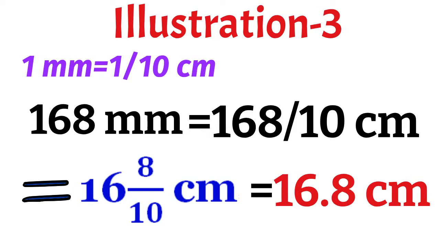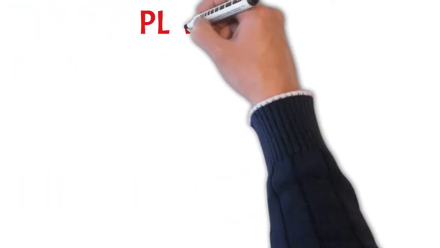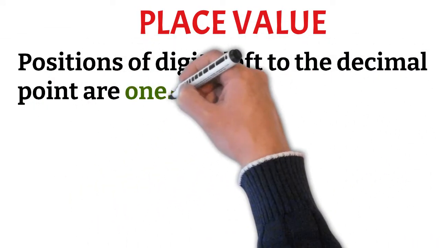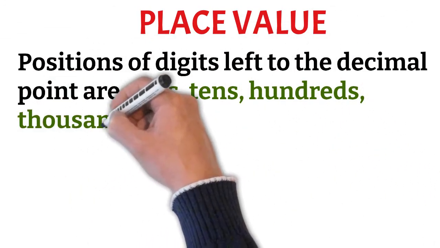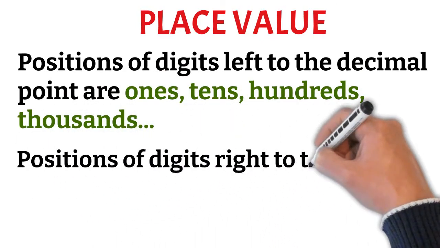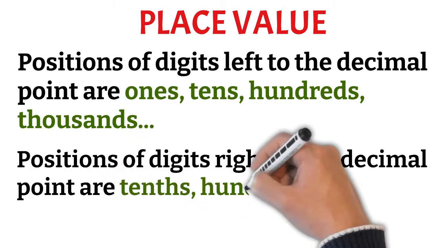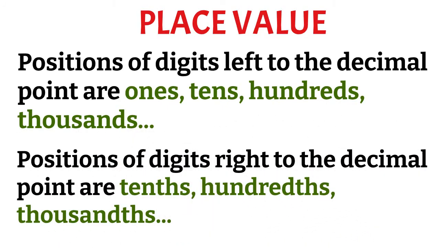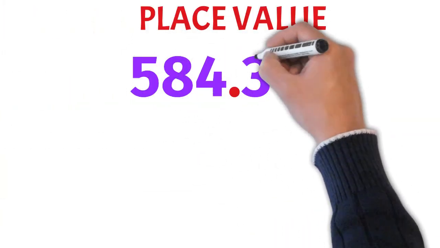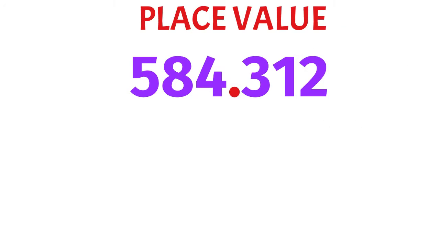using decimals. Now let's know the place value of different digits in a decimal number. The positions of digits left to the decimal point are ones, tens, hundreds, thousands like this. And positions of digits right to the decimal point are tenths, hundredths, thousandths and so on. For example, 584.312 is a decimal number.